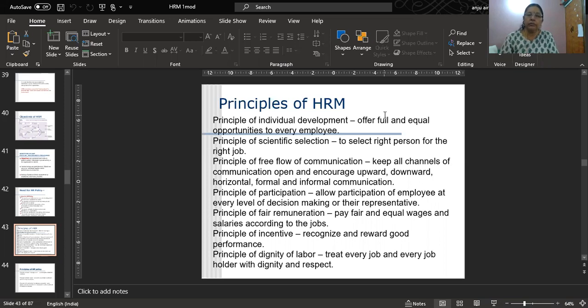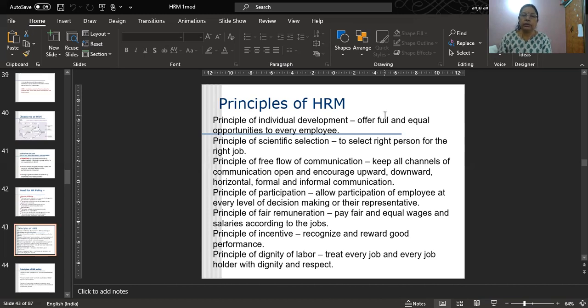Upward communication means the lower level employees will give their feedback, their ideas, and their opinions to the upper level management. Horizontal communication means in the department amongst your colleagues, you will communicate to each other. Each department will communicate within itself. Each department will communicate to other departments in the organization. That is horizontal communication.